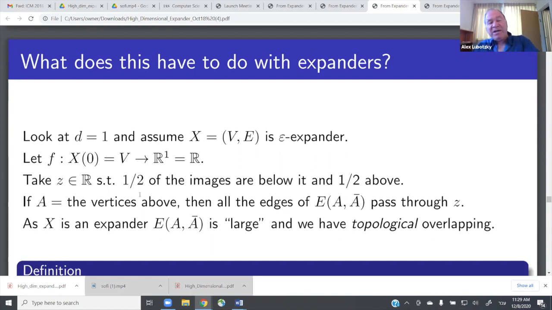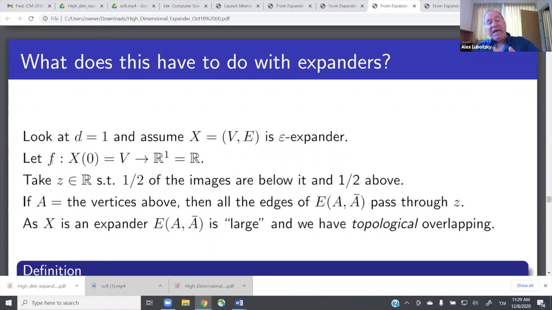This divides the graph into two sets. Let A be the vertices whose image is below Z, and so A bar, the complement, is above. Now all the edges from A to A bar, when we take any continuous extension of F to the graph, must pass this point.